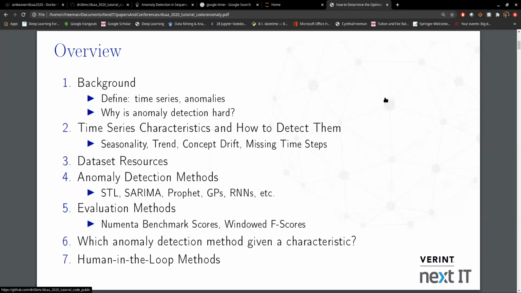And we'll also talk about several very common characteristics that one can encounter in time series data and how we might detect them using Python and R. I will then show some useful resources for time series data before jumping into some anomaly detection methods themselves and how to evaluate their performance. And finally, we will conclude with some human-in-the-loop methodologies to greatly reduce annotation efforts and reduce false positives.